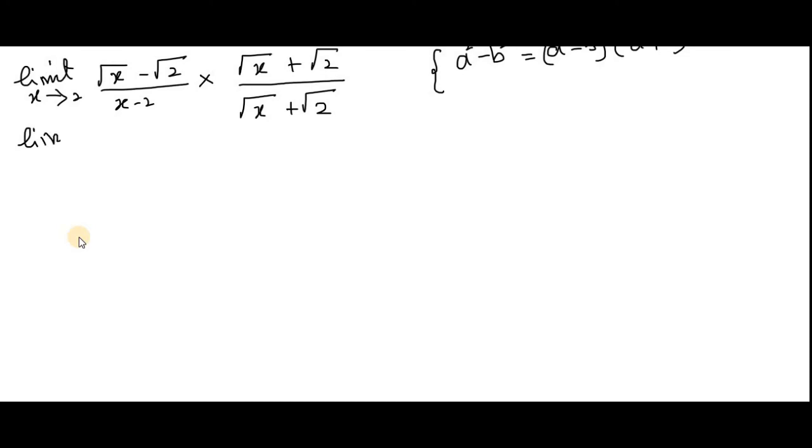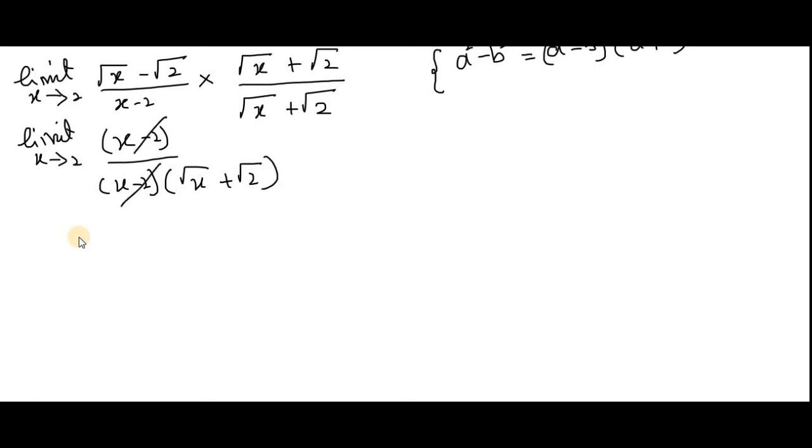limit x approaches 2, x minus 2 over (x minus 2)(root x plus root 2). Now see, x minus 2 and x minus 2 is cancelled.